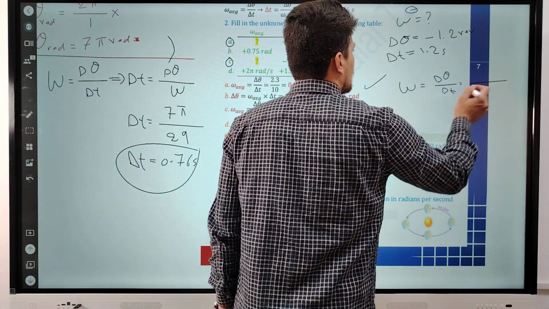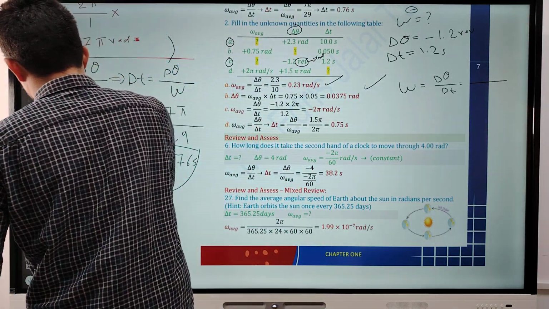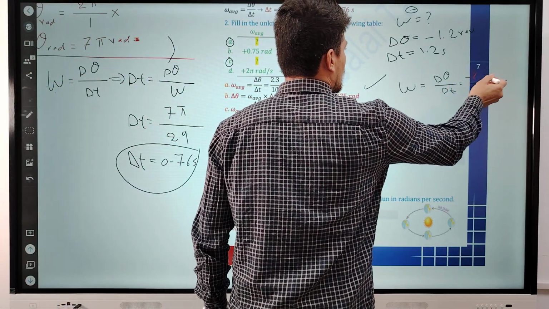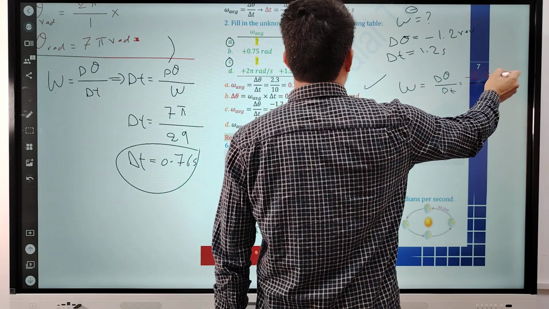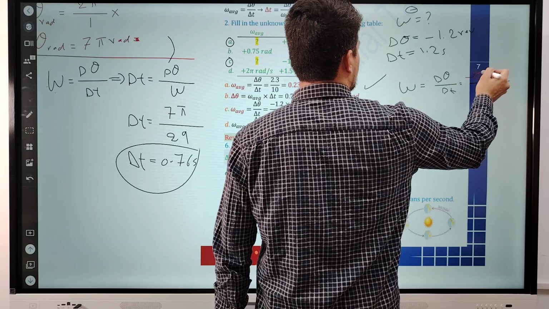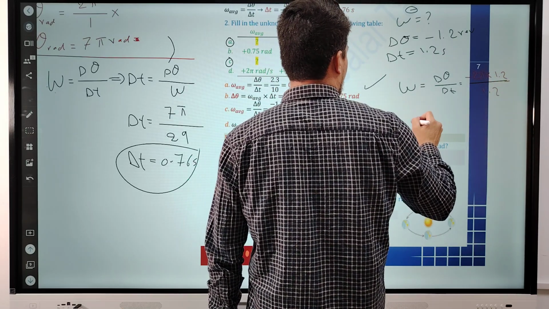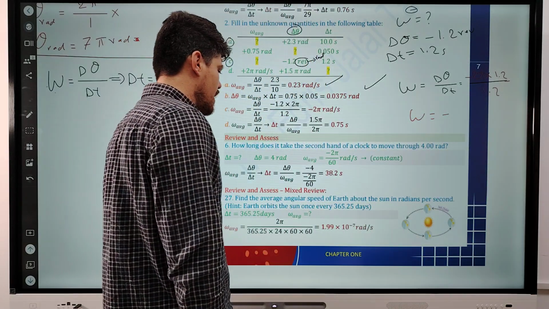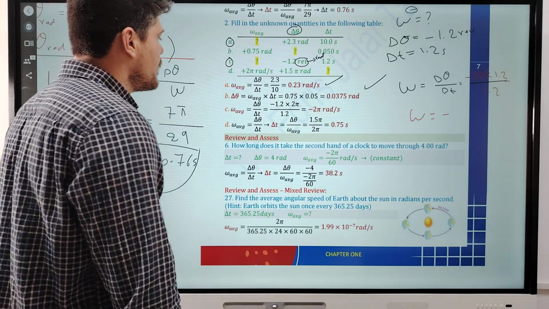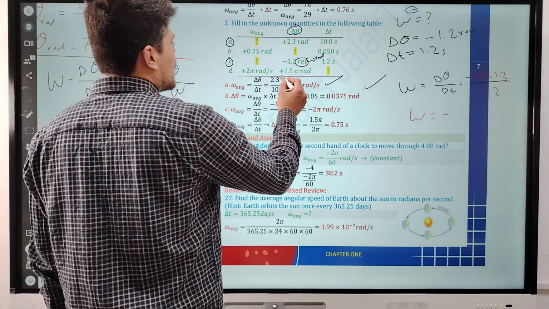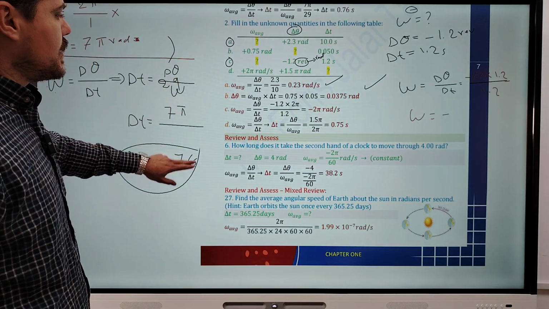So angular speed is equal to negative 2 pi times 1.2 divided by 1.2 second, which is equal to negative 2 pi rad per second. And the last one, the time is unknown. Just replace to find out the time.